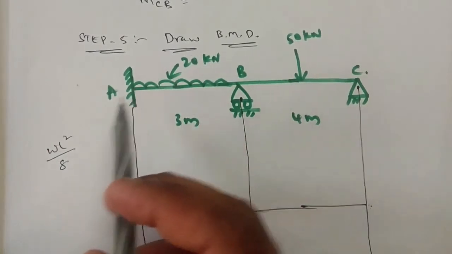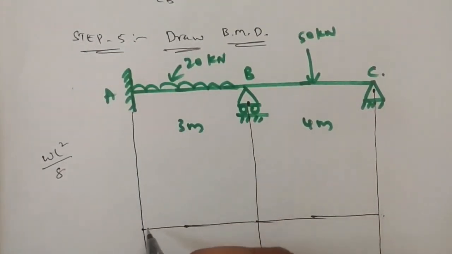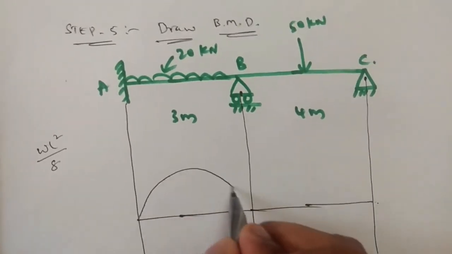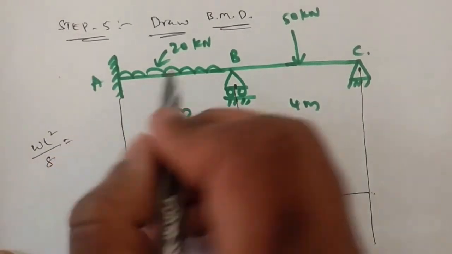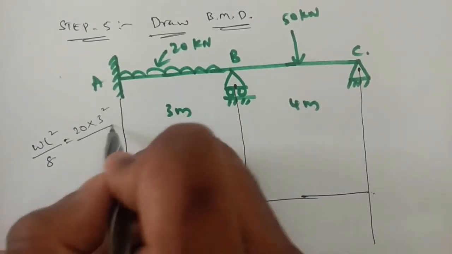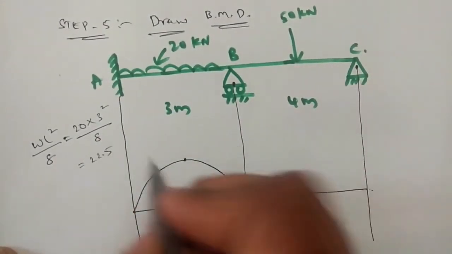Due to UDL we have free bending moment diagram, that value will give one parabola. This maximum value is WL square by 8. What is the W in this span? 20. Load 20, length is 3 meters, 3 square by 8. Solving, you will get 22.5.